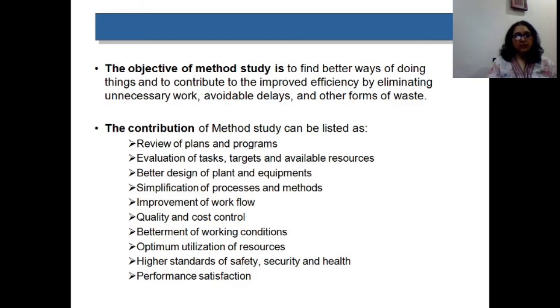Right? So that is the main objective, and it can achieve this objective by systematically analyzing the factors and the resources that are involved in the performance of the existing and proposed ways of doing work.